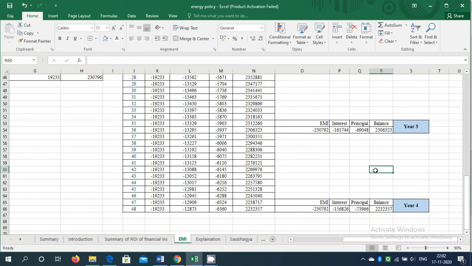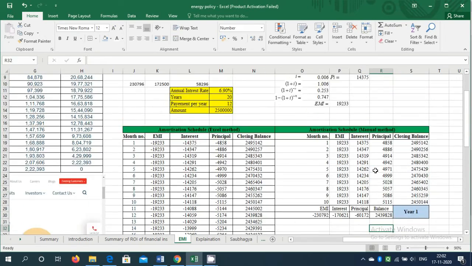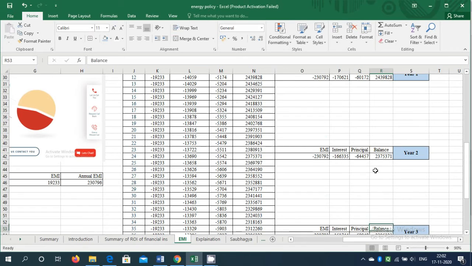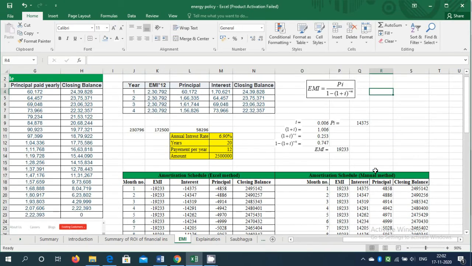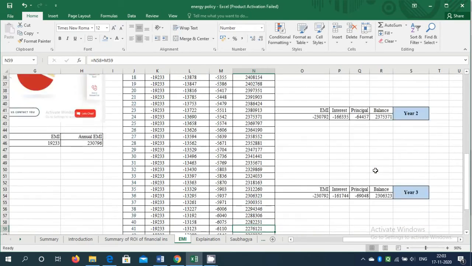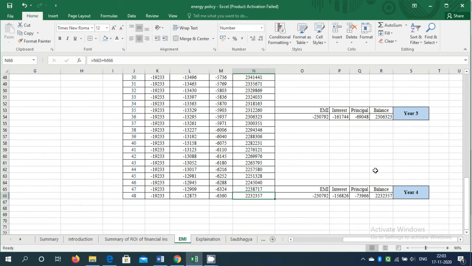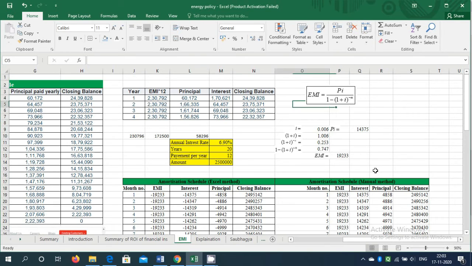So this way we have calculated for the 4 years, and let us see what value is coming for 4 years. 2306323 is for year 3.